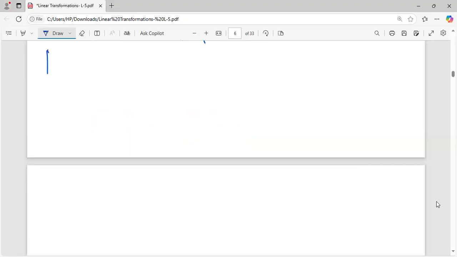Now we are going to prove the last result we have used in the theorem.